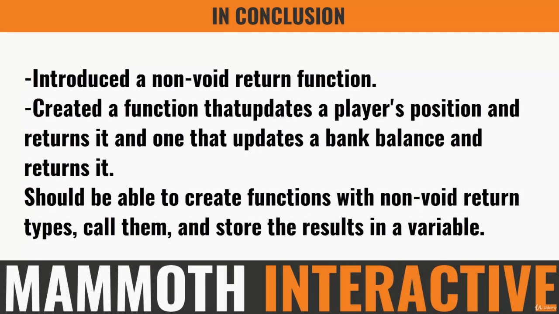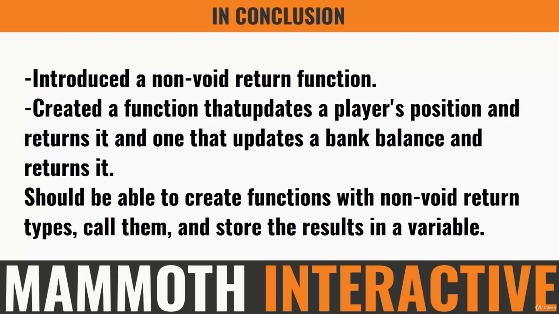In this part of our tutorial, we introduced a non-void return function. So up until this point, we've only really seen functions that return void, that basically don't have a return. This time, we saw a function that returned an integer and one that returned a double. So we created a function that updates a player's position and returns it, and that was with an integer.